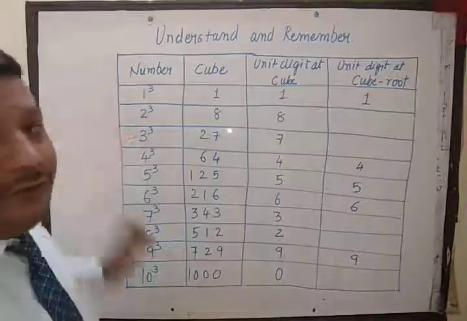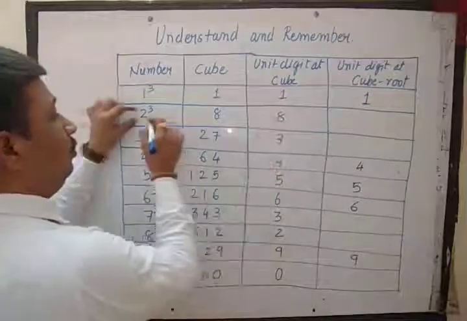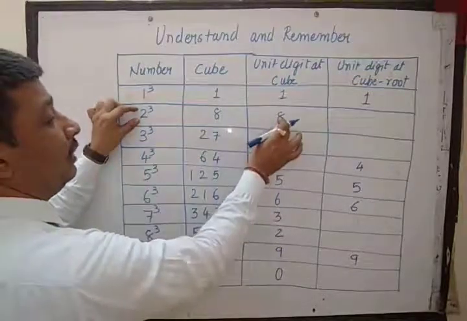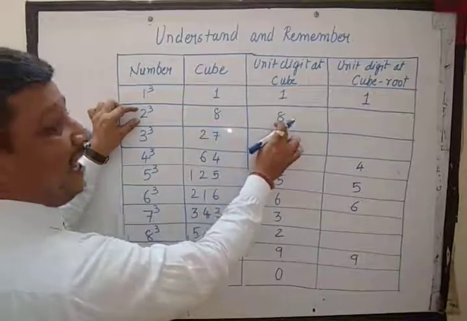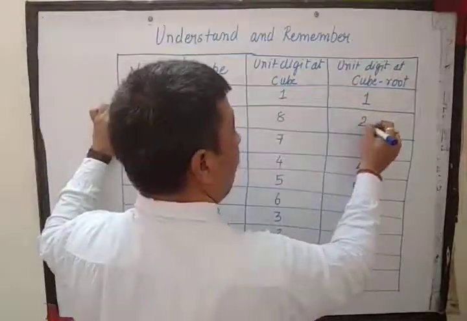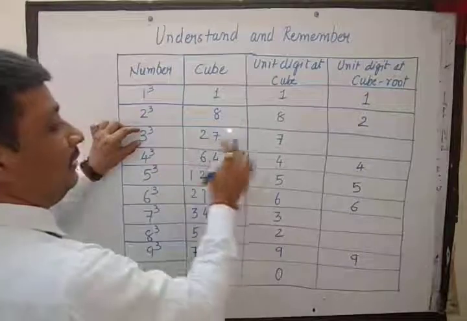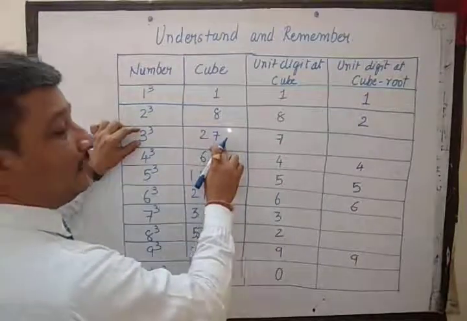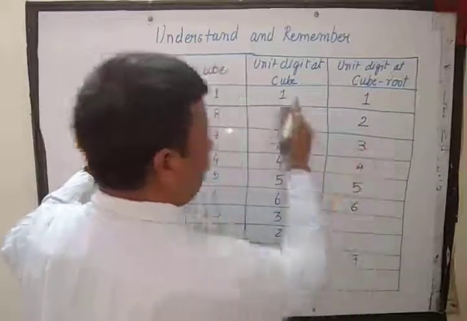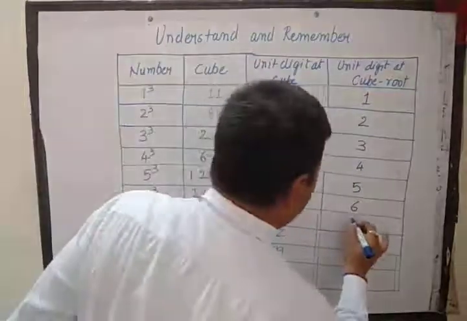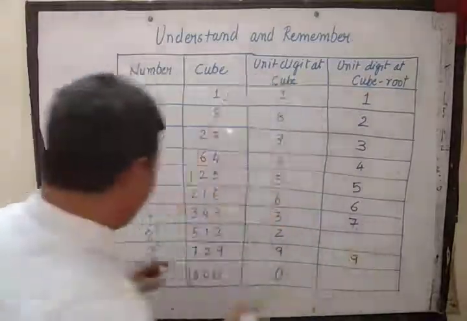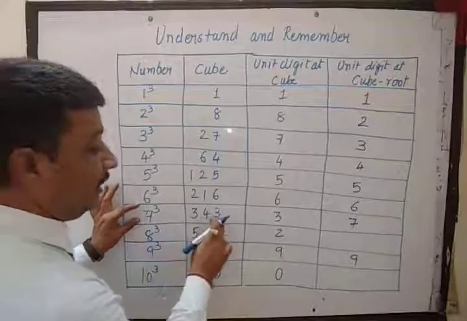Something contradictory we find: if 2 is the cube root, तो उसका unit place digit of the cube is 8. And if the cube root is 3, then the cube unit place digit is 7. So 3 का 7, 7 का 3. Same way, if 7 then 3.